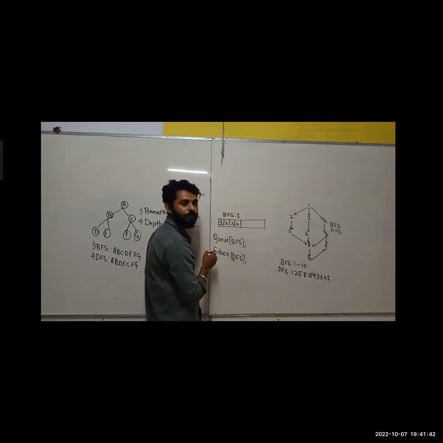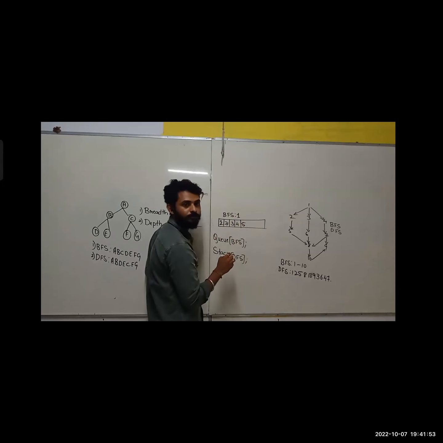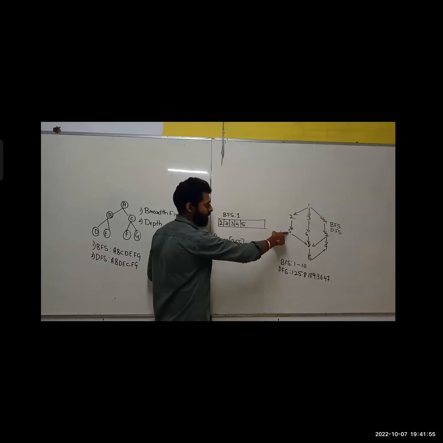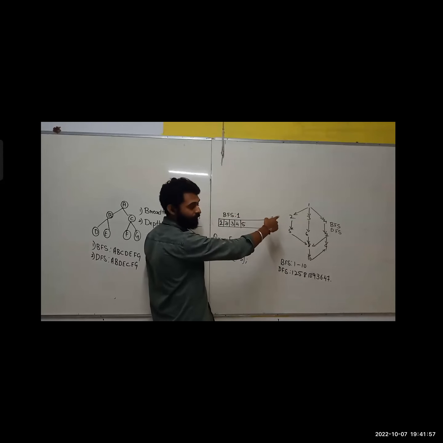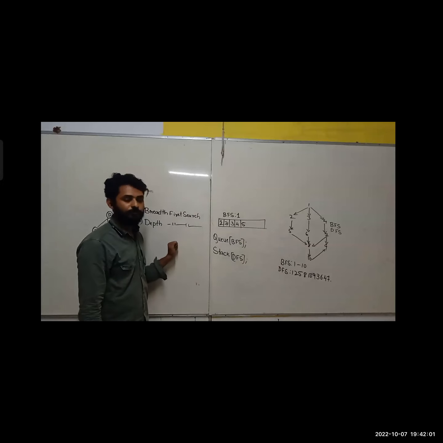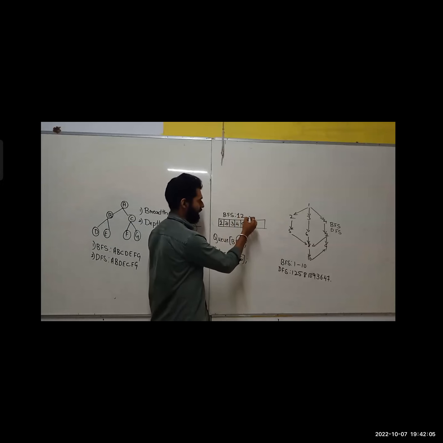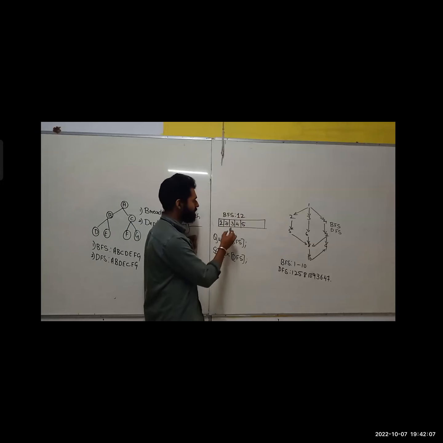Yes. Next is what? 2. For 2, you check is there any adjacents? Yes, which is that? 5. Is there any more, apart from 5, for 2? No, it is not there. So what I should do? Next, this one is done. 2, remove it and attach it. Next one is 3.